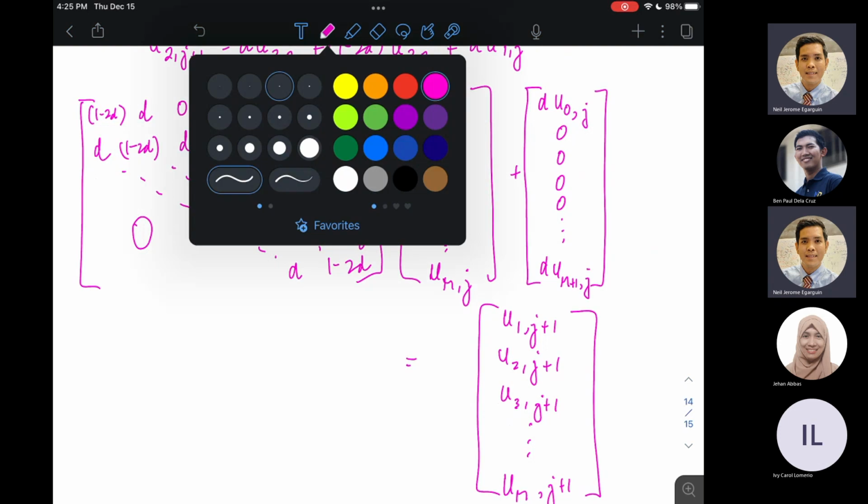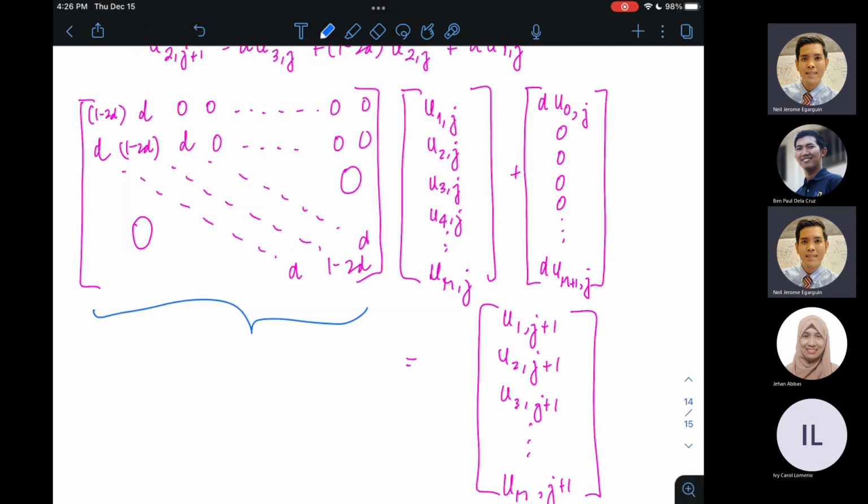So let's call this matrix A, because this matrix A doesn't depend on the step size, really. It only depends on the constant D, which is basically, nakadepende pa rin siya sa step size H, ano? Pero hindi siya nakadepende dun sa time value.